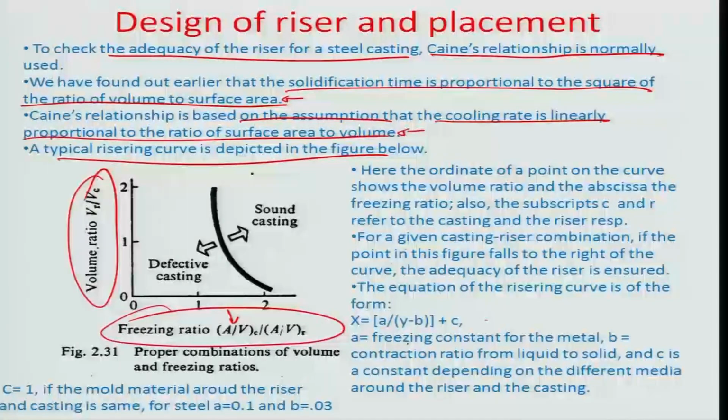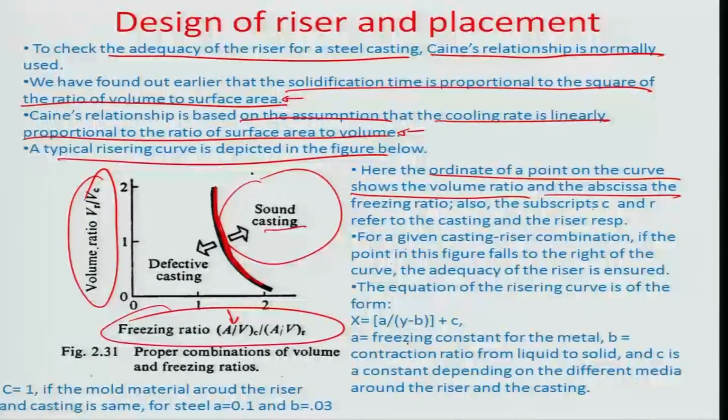And what you can see here is that anything on the right of this particular line drawn, separating the sound from the defective castings, are all sound castings, and to the left, whenever the freezing ratio falls beyond this particular line, okay, for a certain volume ratio it becomes a defective casting. So, the ordinate of a point on the curve shows the volume ratio and the abscissa the freezing ratio.